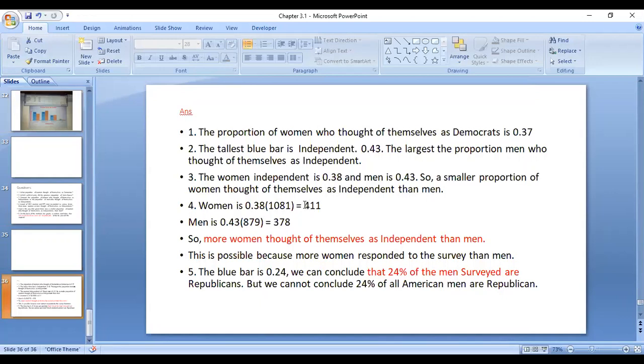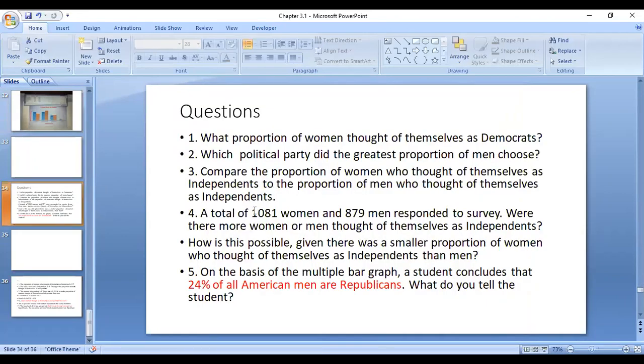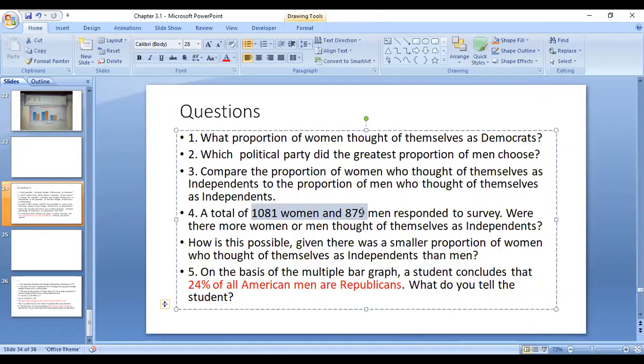That is why you find the number of women is greater than the men, even though the proportion of women is less than the proportion of men. It depends on how many people are in the survey, right? In the survey, we have 1,081 women, but 879 men.